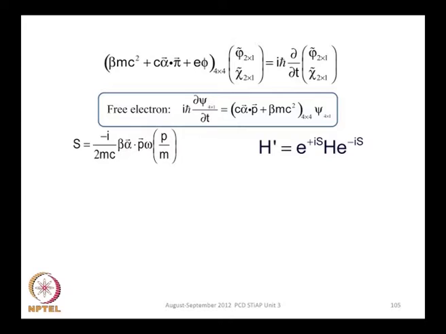followed by that reasoning, Foldy and Wouthuysen considered this particular operator, which is minus i over twice mc beta alpha dot p scaled by some unknown function omega of p over m. This is a hitherto unknown function, but it is some arbitrary function of p over m, and at an appropriate juncture we could choose it to be whatever we will find to be the most convenient one for our purpose.